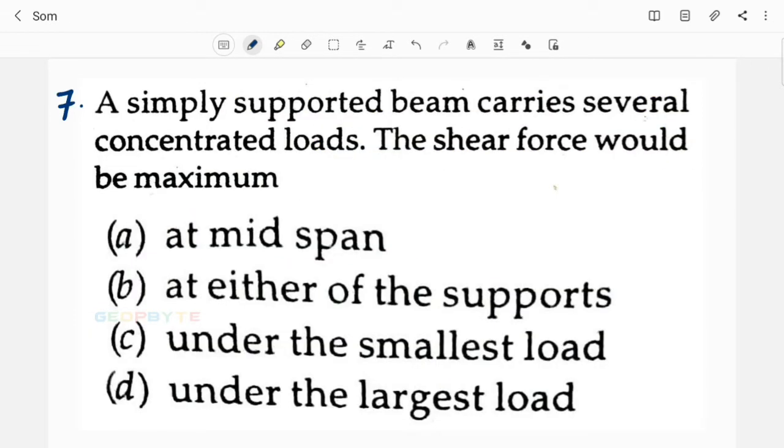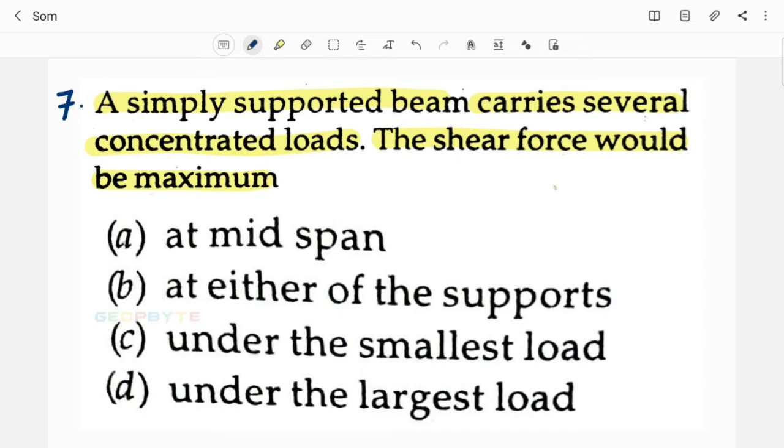Look at the next problem. A simply supported beam carries several concentrated loads. Here concentrated load means point loads. The shear force would be maximum. The problem is for a simply supported beam with several concentrated loads.